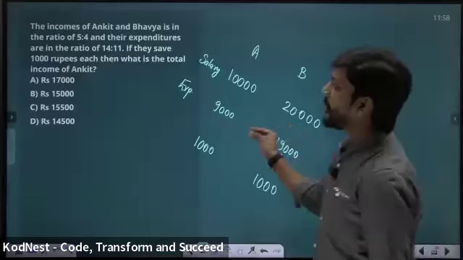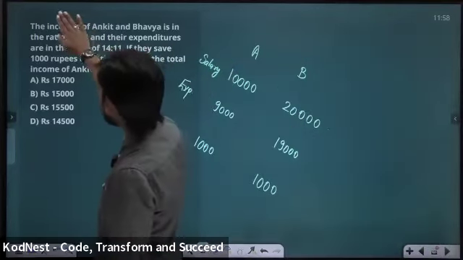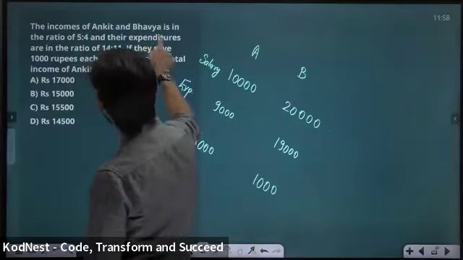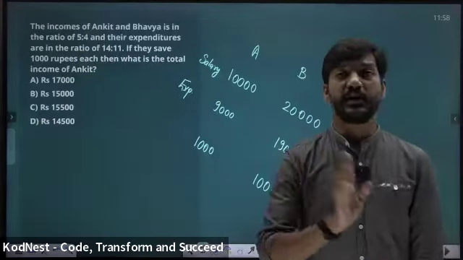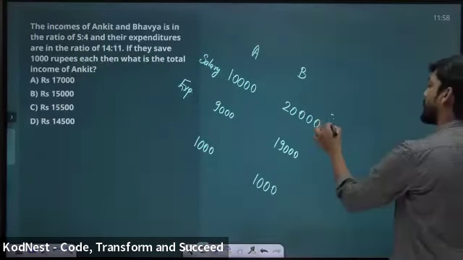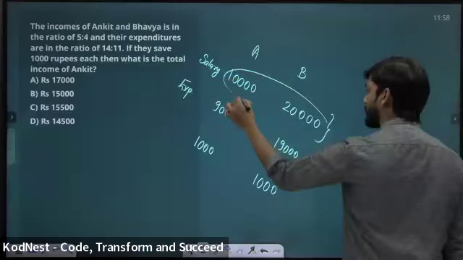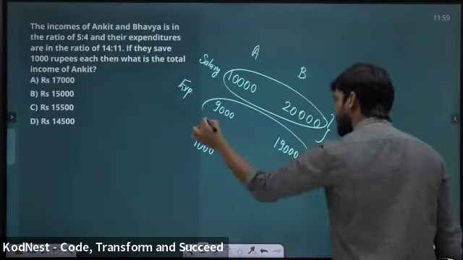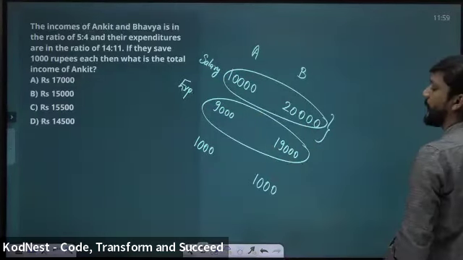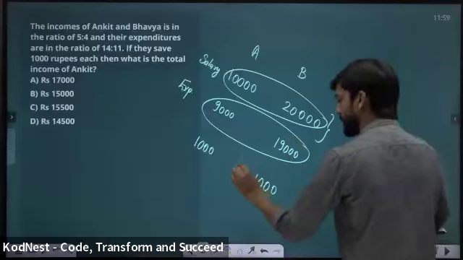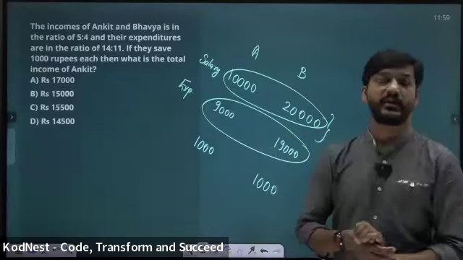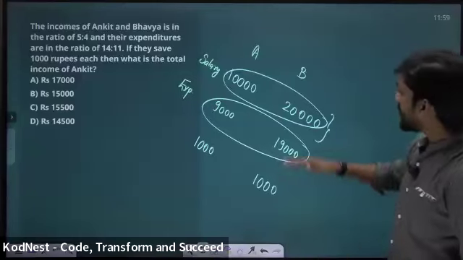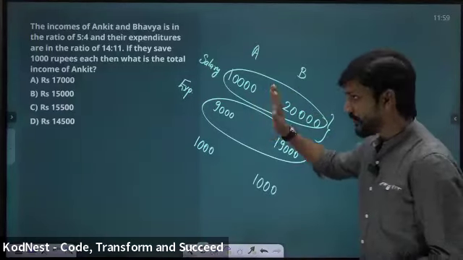All right. Here in this case, the income ratio is given and expenditure ratio is given. So check income once and check expenditure once. Please remember, I have taken the case in which savings are equal. Please tell me, there is something there and something there which is same.